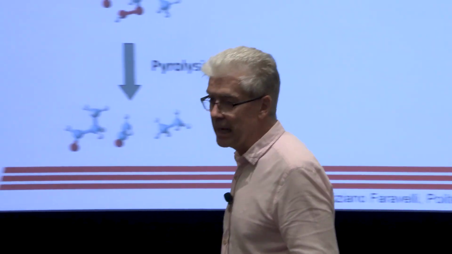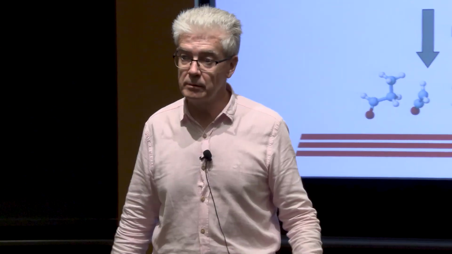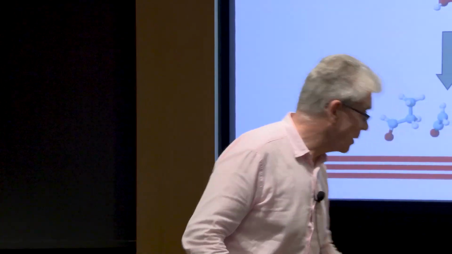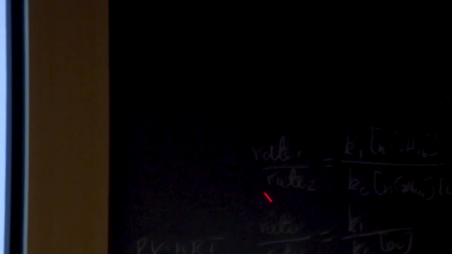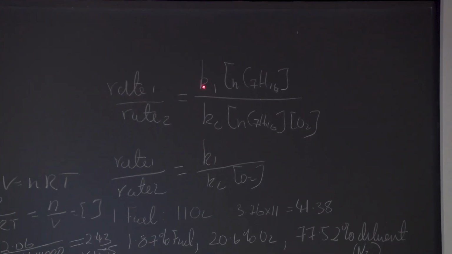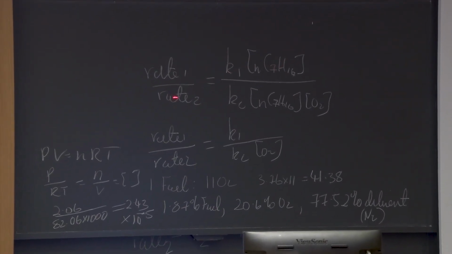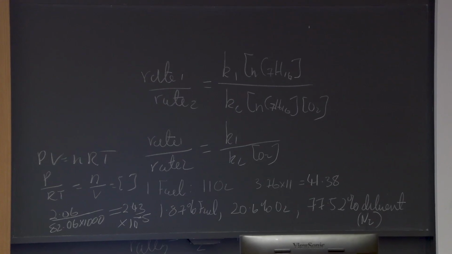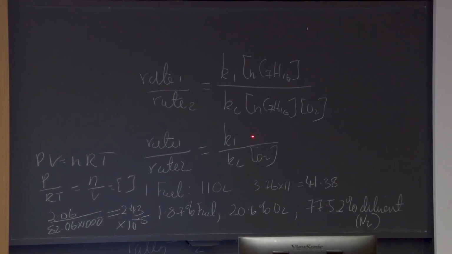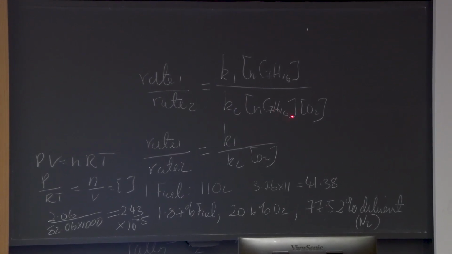If you're n-heptane in air at 1,000 Kelvin, the rate of reaction 1 is going to be the rate constant times the concentration of NC7H16. But the rate of reaction 2 is the rate constant for reaction 2 times the concentration of NC7H16, but that cancels.